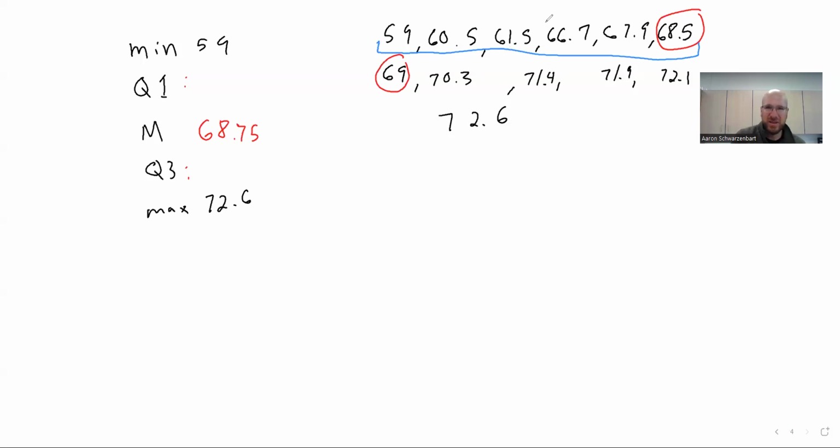So now I'm going to take the median of the upper and lower half. These ones I might actually have to add together. I can't just find the middle of that very easily. And that's 64.1.